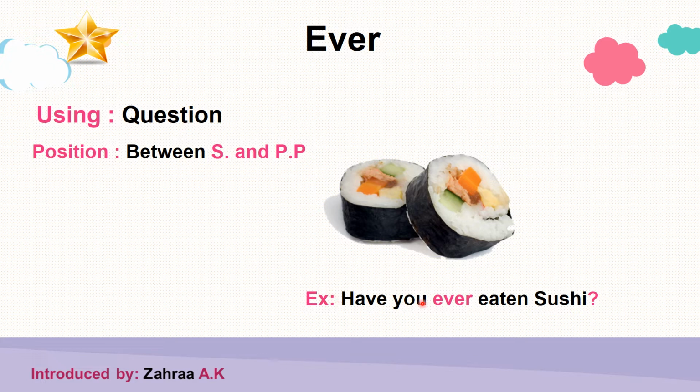Such as: Have you ever eaten sushi? هل تناولت السوشي مسبقا أو في أي وقت؟ The adverb here is ever, between the subject and the past participle of the verb eat. The past is ate and the past participle is eaten.